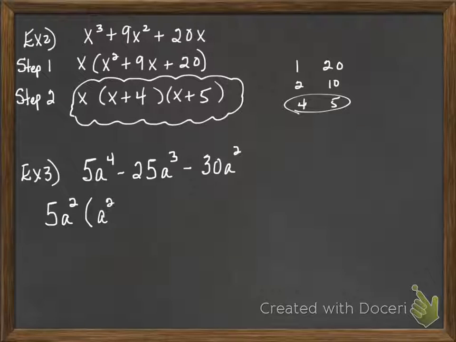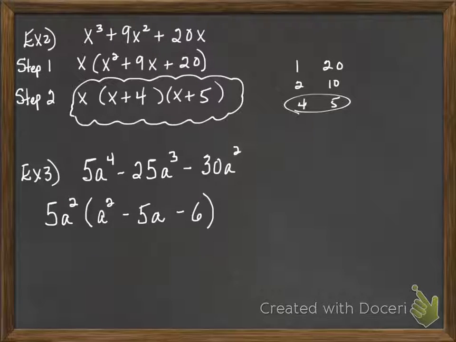A squared. 5a squared times what is negative 25a cubed? Negative 5a. And 5a squared times what is negative 30a squared? Negative 6 and no a. Oh yeah, it's just negative 6.